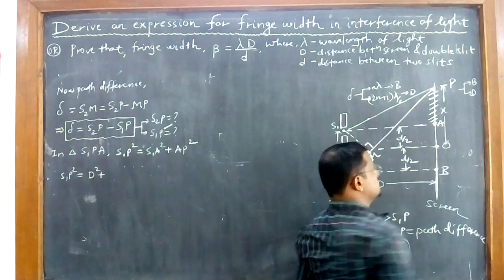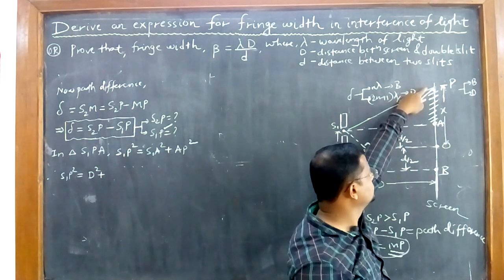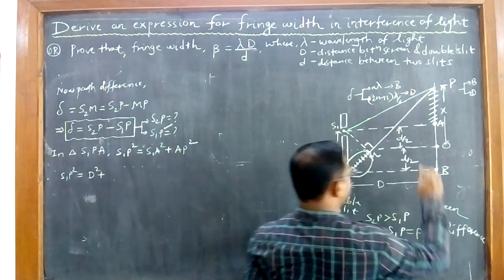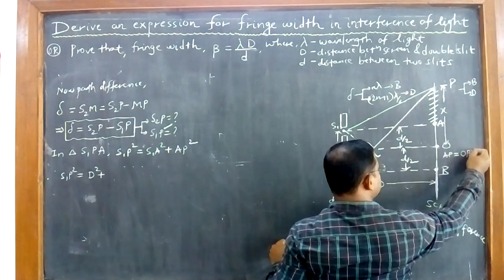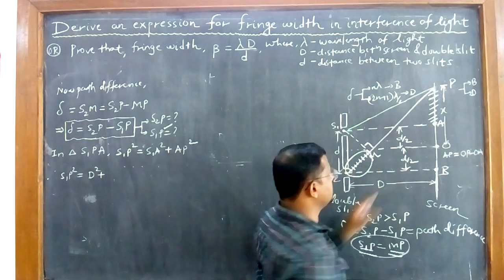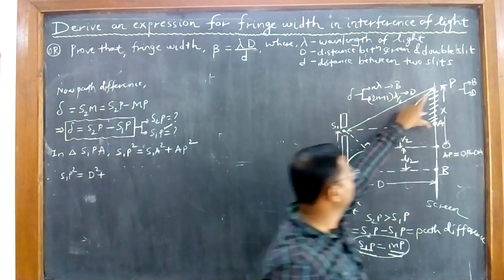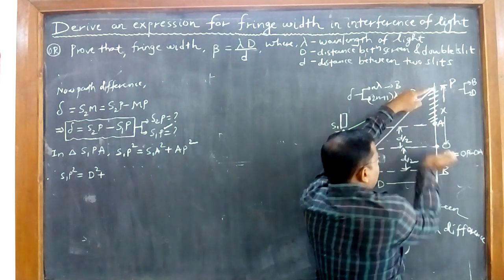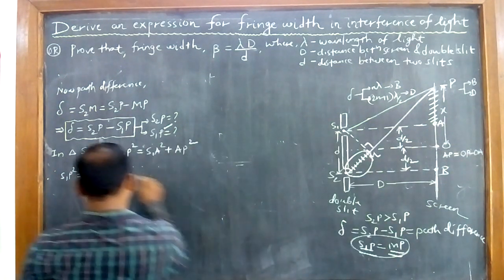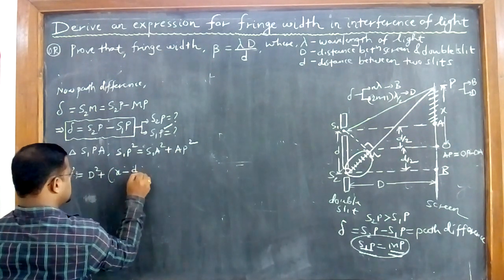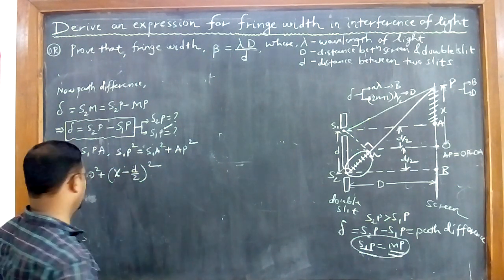I don't know this distance directly, but the total distance is x, so AP is OP minus OA. OP is x and OA is d by 2. So this is x minus d by 2 whole square.